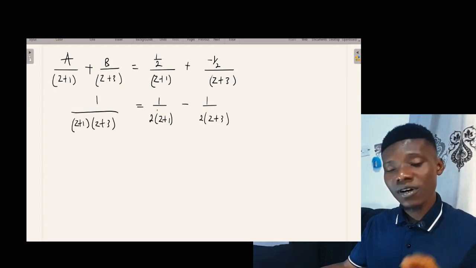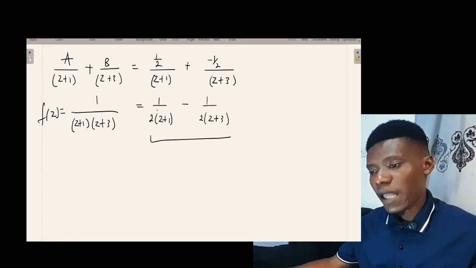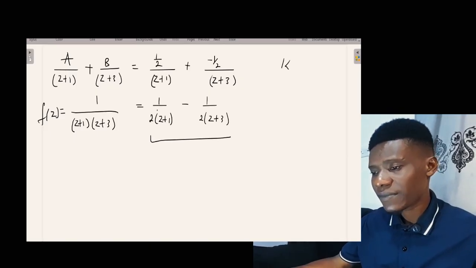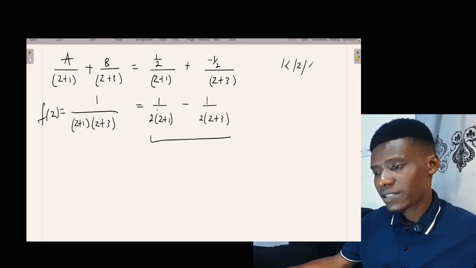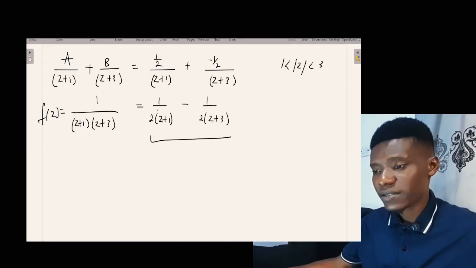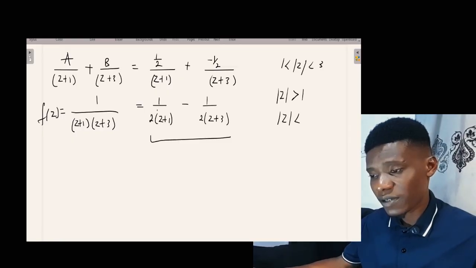Now that we have resolved the given function, f of z, into partial fractions, what do we do next? From the question, it is given that 1 is less than the absolute value of z, which is less than 3. This simply means that the absolute value of z is greater than 1, and also the absolute value of z is less than 3.